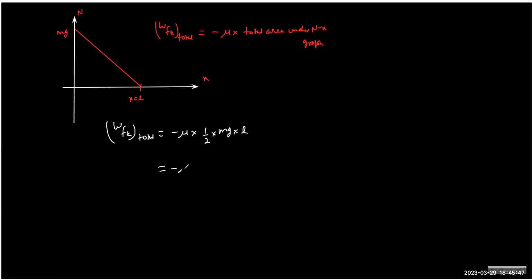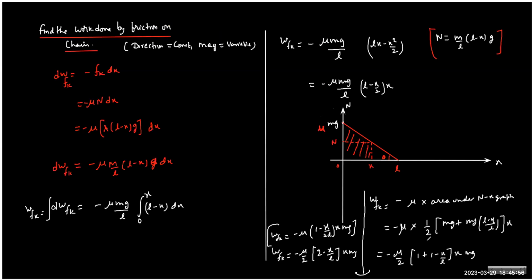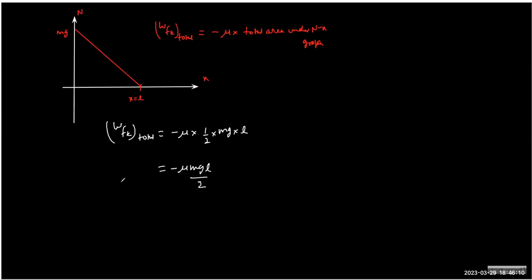So the answer is minus mu mgL by 2, isn't it? Let's see if the answer matches the formula which we got. If I put x equal to L, what will we get? L minus L by 2, which is L by 2, into L, which is L squared by 2, the same answer, right? You can see the answer is this one only.